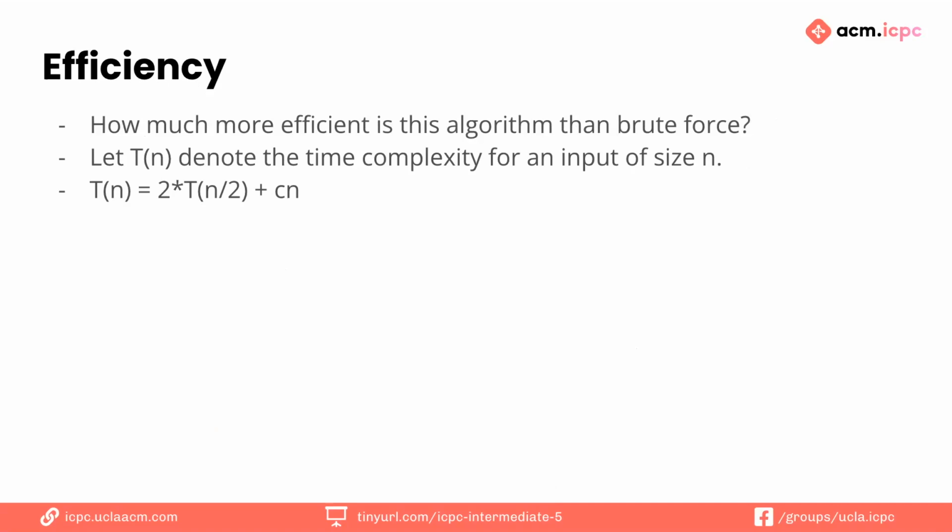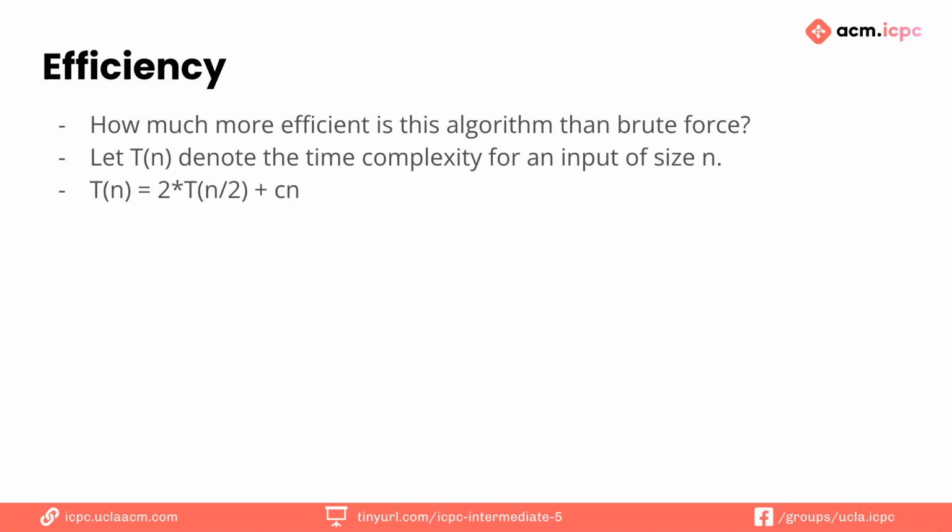And so does anyone know what this would evaluate to if you cancel out all the T of n's on the right side? So right now we have T of n and T of n over 2. But we want to just get T of n on the left side and some simple expression on the right side, right?